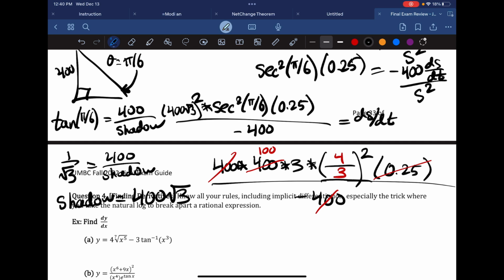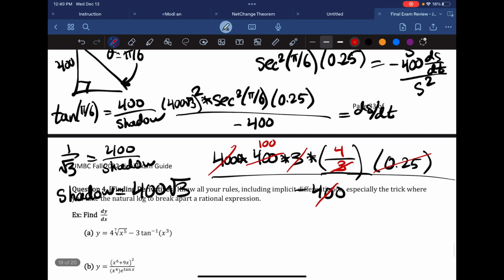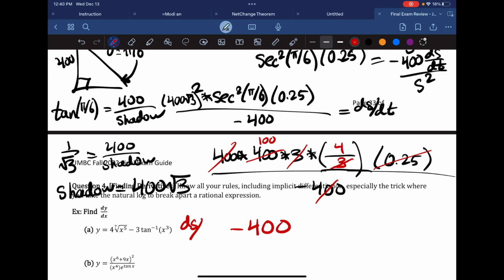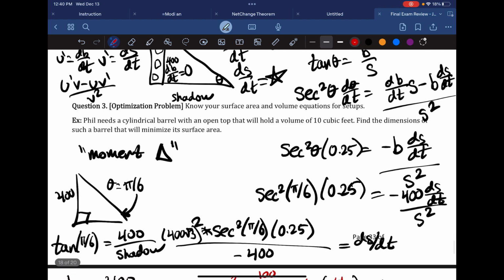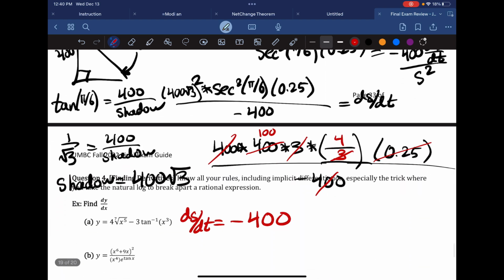And then this 3 cancels with this 3. So that's negative 400. ds dt equals negative 400 radians per hour.